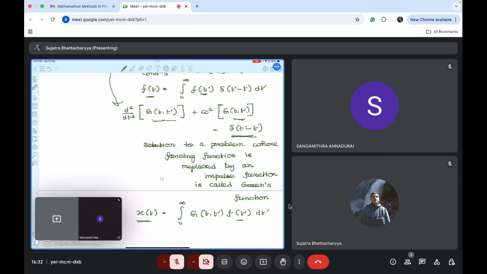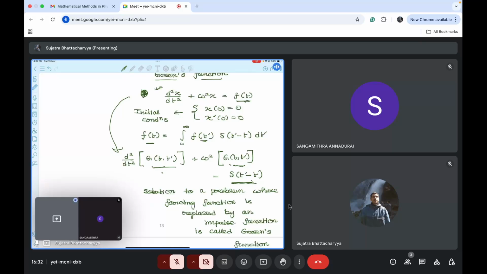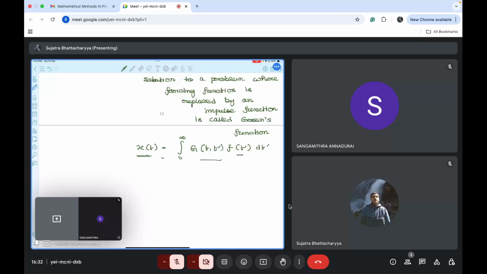You will find that this is x, this is also x as per the definition, and this becomes f of t, the original equation. So some kind of manipulation we are doing such that the forcing function becomes equal to the Dirac delta function. We are replacing it, and the solution to this particular problem is the Green's function, or can be defined like this. Okay, so this is what we are essentially doing.